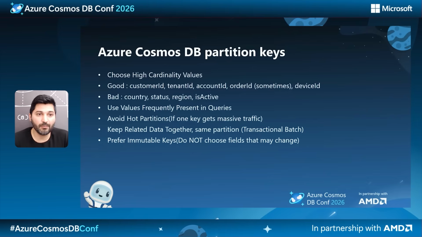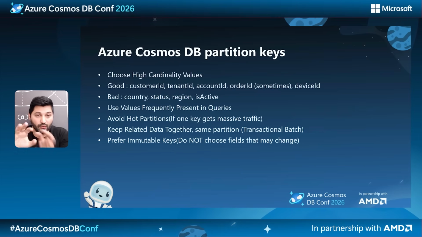Because when choosing partition keys, you should provide high cardinality values. You should use, for example, customer ID, tenant ID, sometimes order ID, or device ID as good choices for your partition keys. Don't use partition keys that don't allow you to scale, for example country names, status, or region, which limit your scaling. For example, is active, true and false.